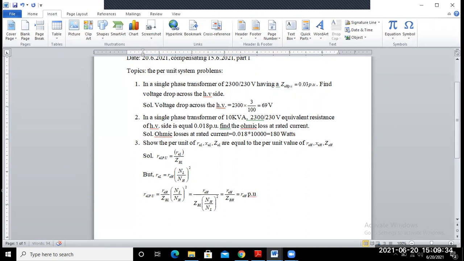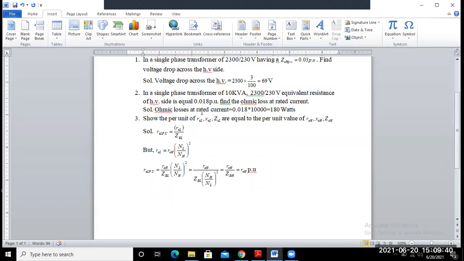Okay, so similarly we can obtain the value of reactance, that means X_EL in per unit equal to X_EH in per unit, both are equal.